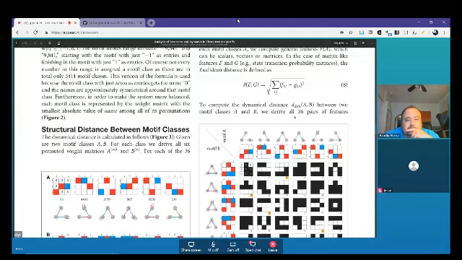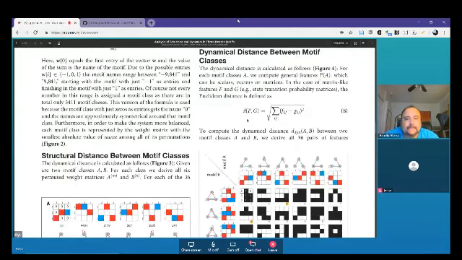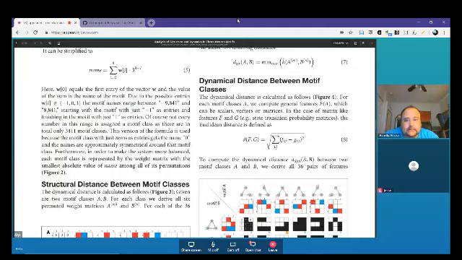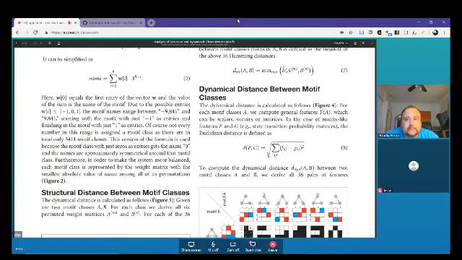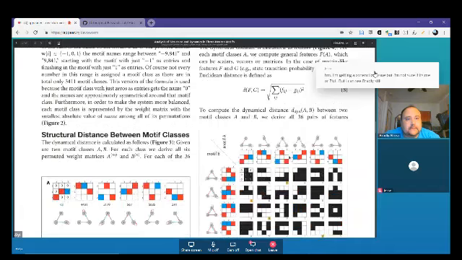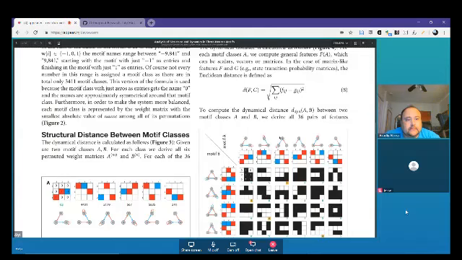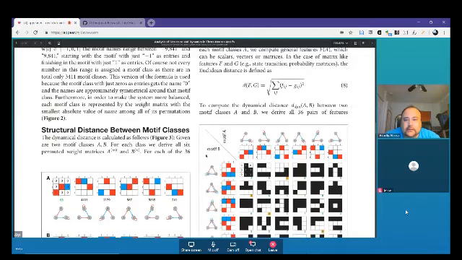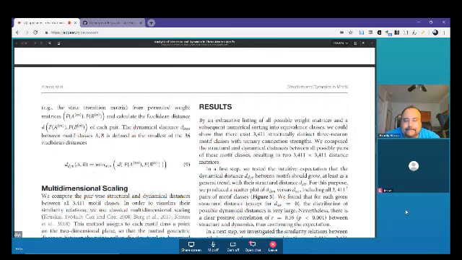And for dynamical distance, it is the squared sum of the square roots of the sum of the squares of the differences, right? Just as you can see in this equation. So that is dynamical distance. That is very simple.